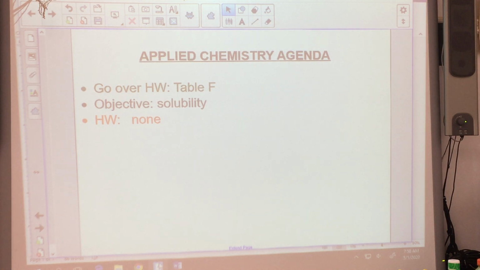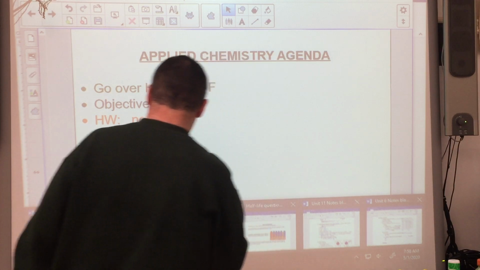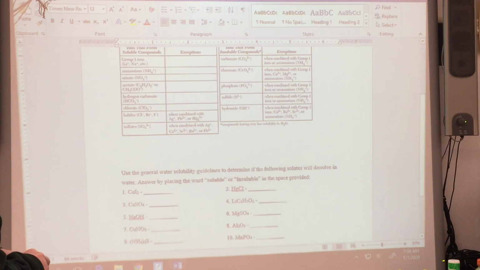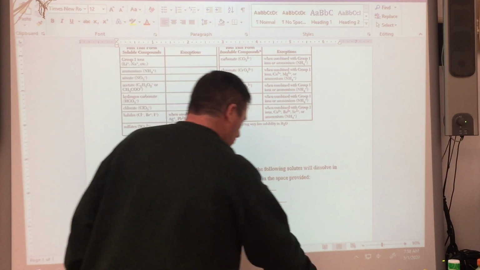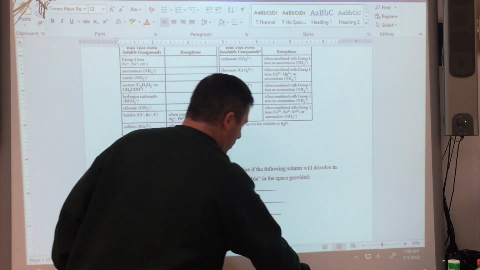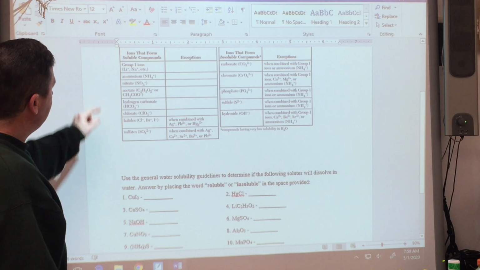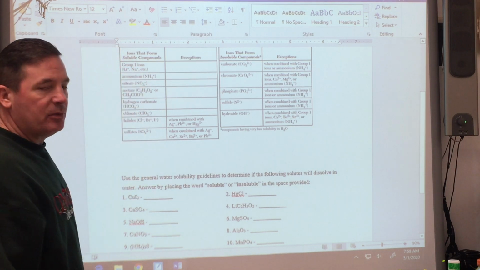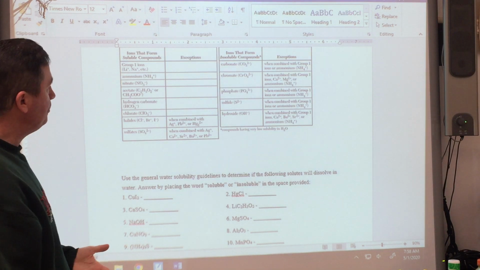Okay, so today's Friday. All right, so I wanted you to do these 10 questions using that chart. So as a reminder, if it's in this side, it will be soluble in water. That means if I put some of it in water, it will dissolve.